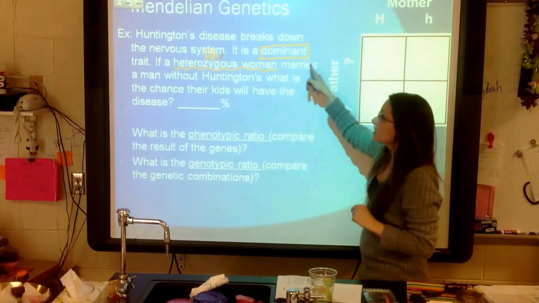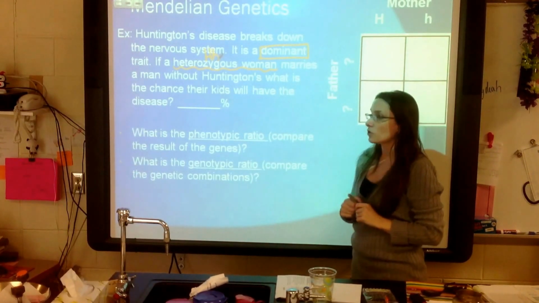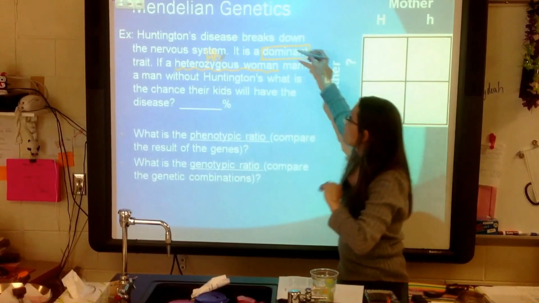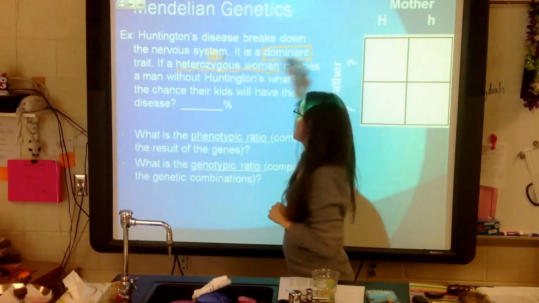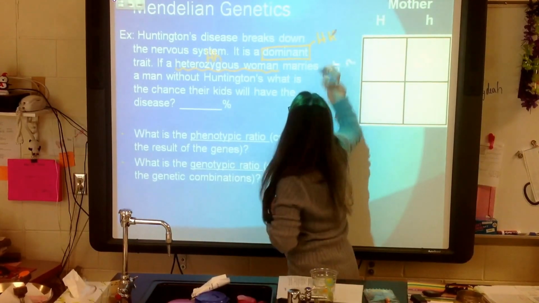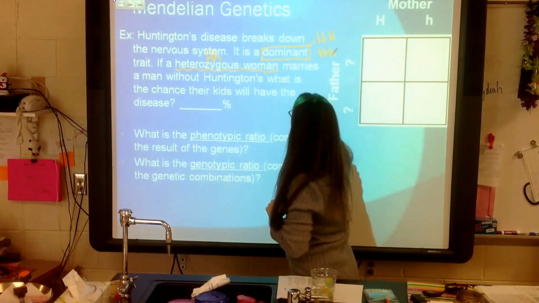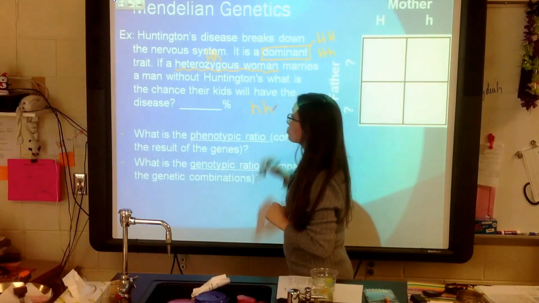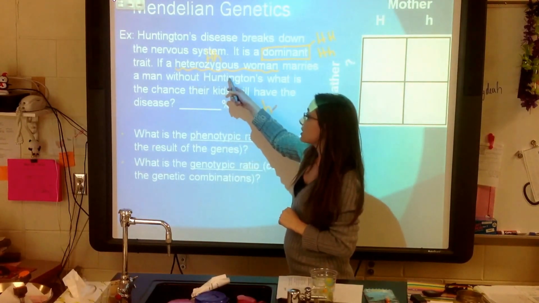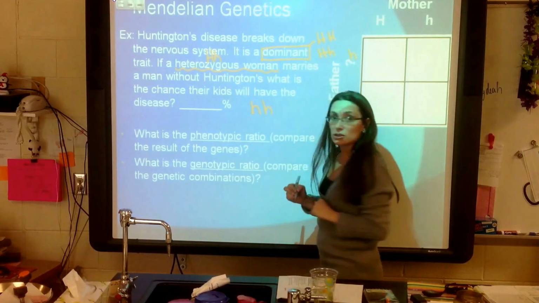If she marries a man without Huntington's, what is the chance their children will have the disease? Well, here's where we have to be careful. If having Huntington's is dominant, that means that big H has Huntington's, big H has Huntington's, but little h does not have Huntington's. So the man without Huntington's, we know, has to be little h.